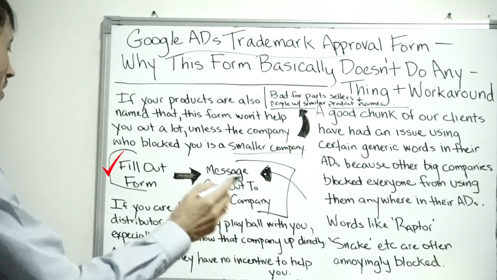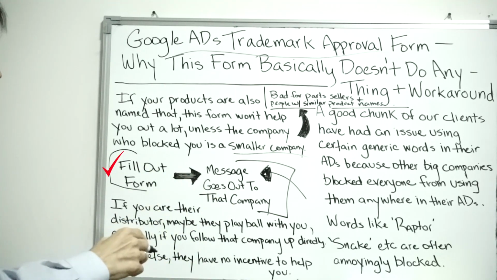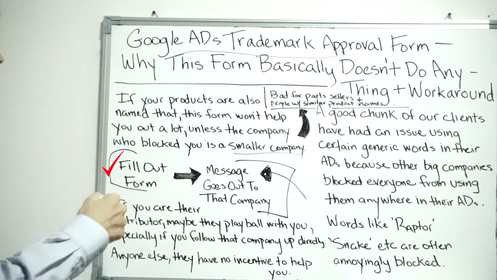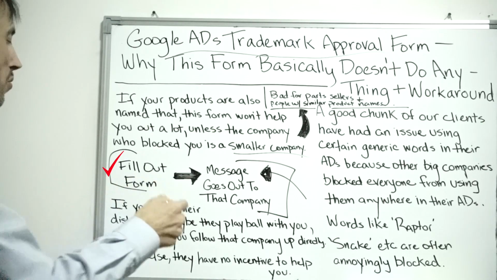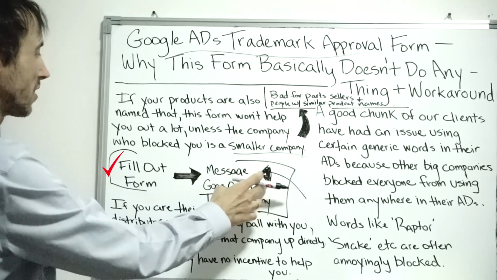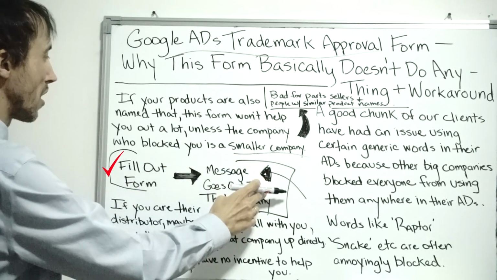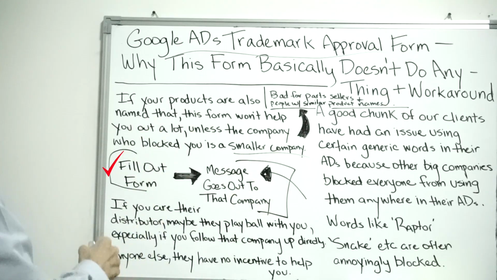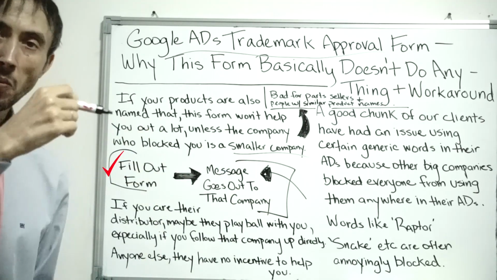Such as if you are a distributor, you may be able to get that company to play ball with you, and through the automated request that goes out to that person's email address saying that you would like to use their trademark in your ad, you'll get them to approve it.